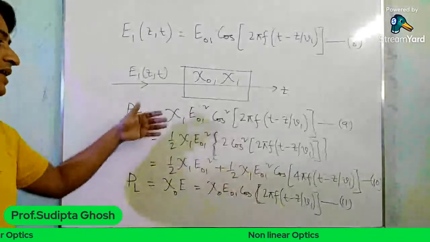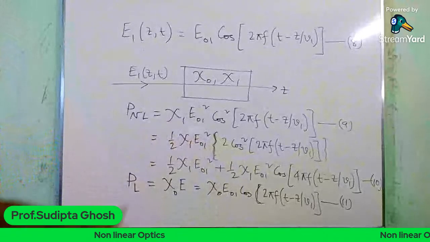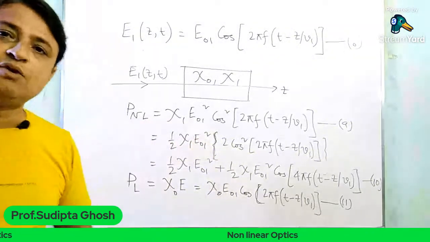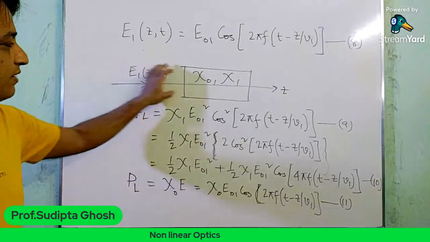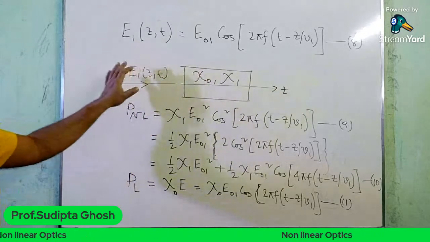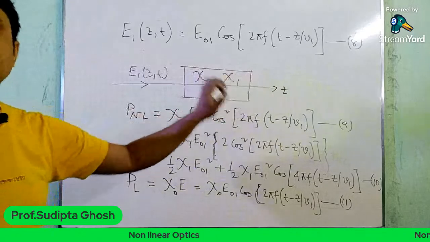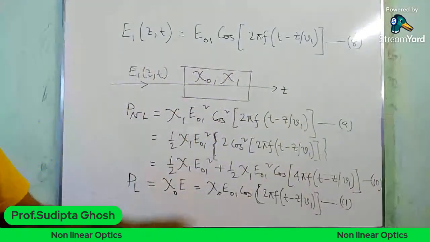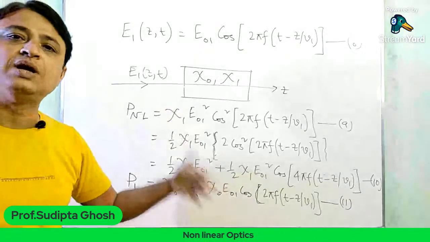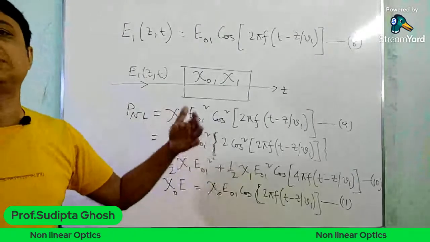This is the linear term which is also present inside the non-linear material. These are the two effects that will be present whenever this electric field intensity, or the light we have taken here, is incident on the non-linear material, which has two dielectric susceptibilities. One is the linear susceptibility term chi 0 and the other is the first order non-linear susceptibility term chi 1.